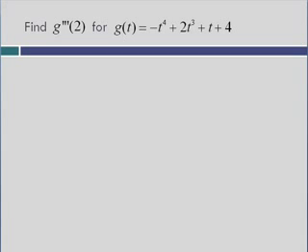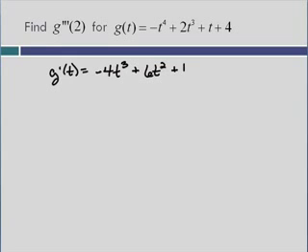Let's find the third derivative on this function, and then after we get that derivative, we want to substitute in a 2 for the t. So our first derivative then will be negative 4t cubed plus 6t squared plus 1.